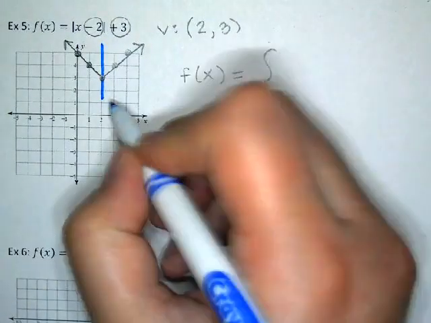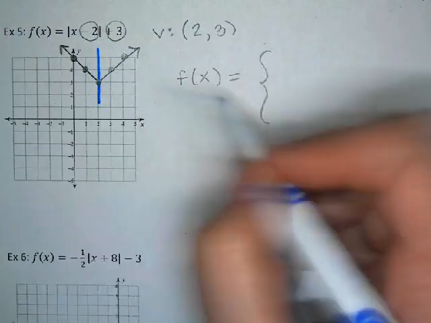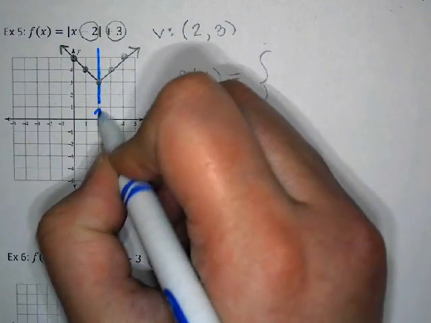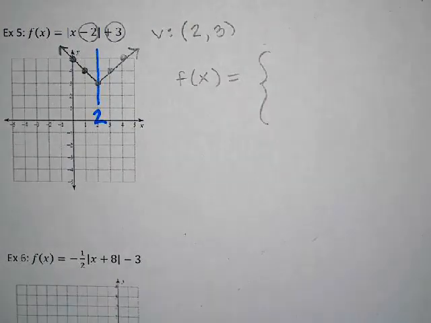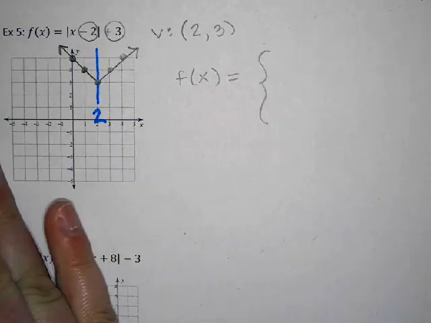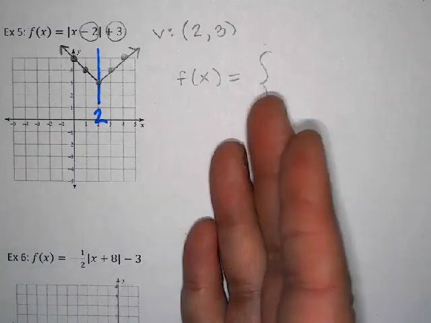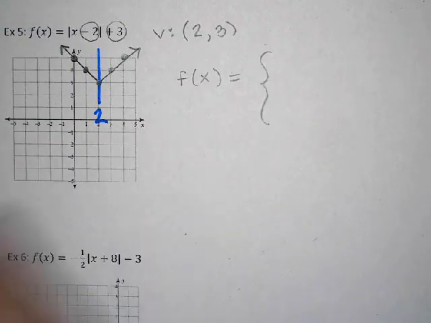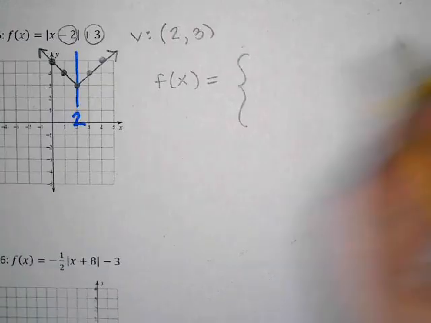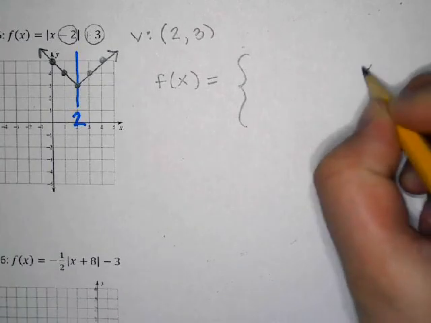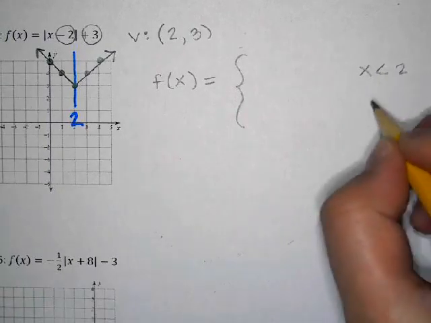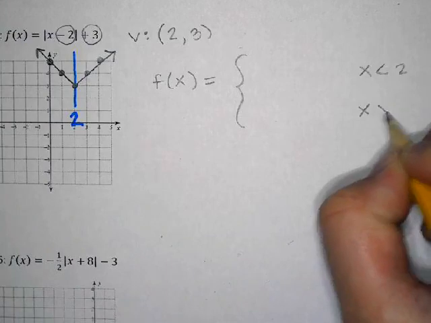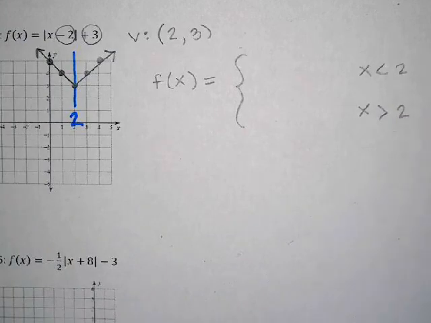So the number that divides the graph in half is an x value of 2. That divides the graph in half. Okay? So I have the left side of 2 and I have the right side of 2. The left half and the right half. So I'm going to say one part of the equation is going to be if x is left of 2, if it's less than 2. One part of the equation is going to be if x is to the right of 2, if it's greater than 2. Does that make sense? Okay.